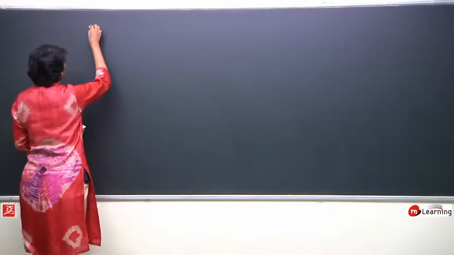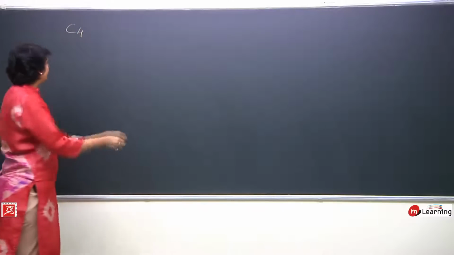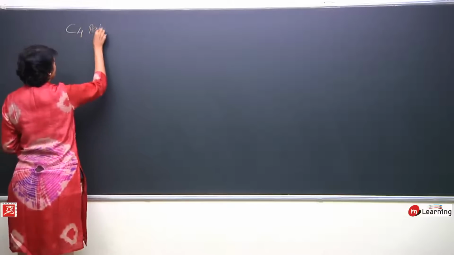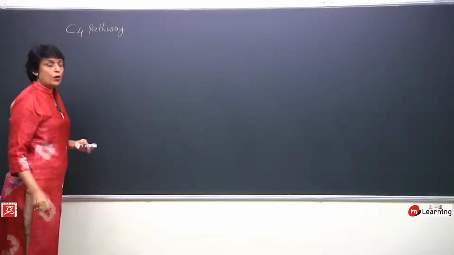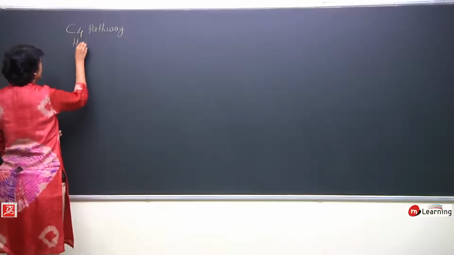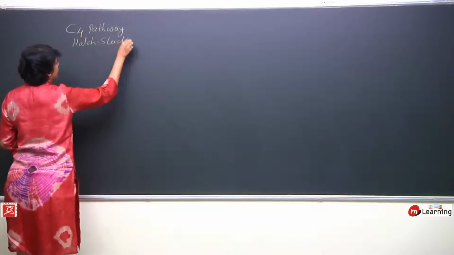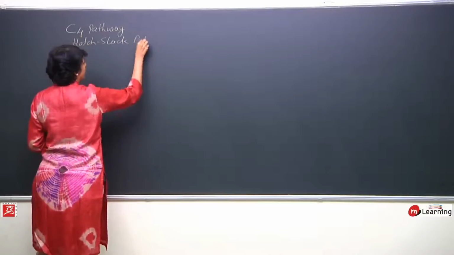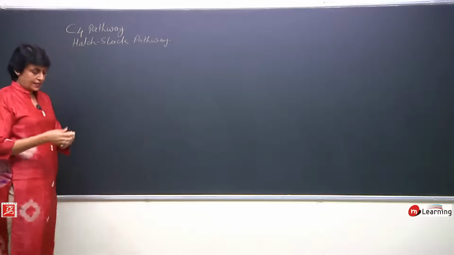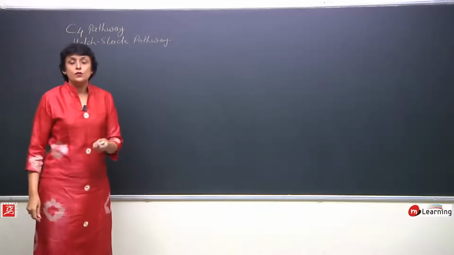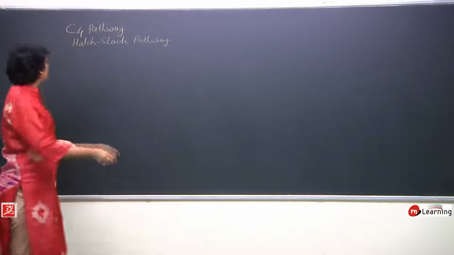Those plants perform a different cycle which is called the C4 pathway, or it is also known as the Hatch-Slack pathway, named after the scientists. The C3 pathway is known as C3 because the first stable compound is a 3-carbon compound.